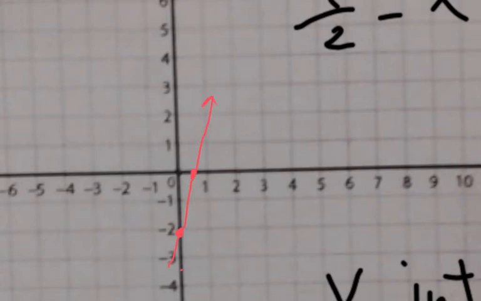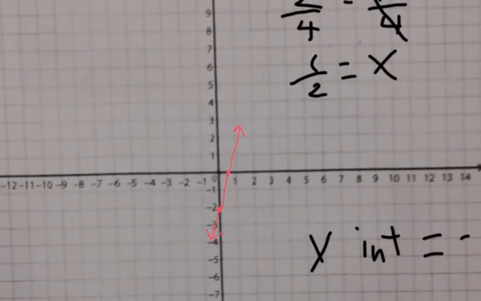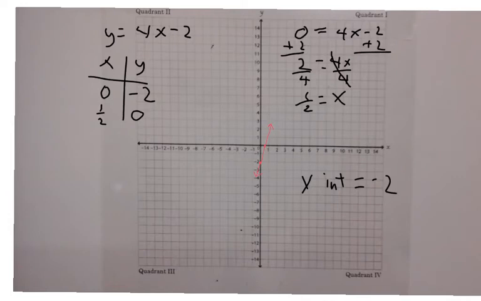It's a rough drawing of what it might look like. That gives me an idea of what the x-intercept and the y-intercept would be. And then the pink line shows what the graph of y equals 4x minus 2 would look like.